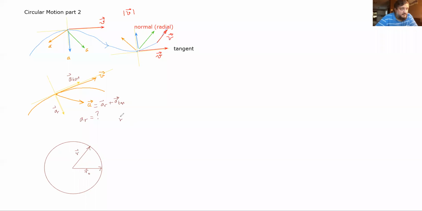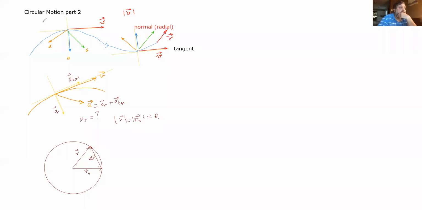But both R and R0 are equal to capital R, which is the radius of the circle. And here I have delta R, the displacement vector.